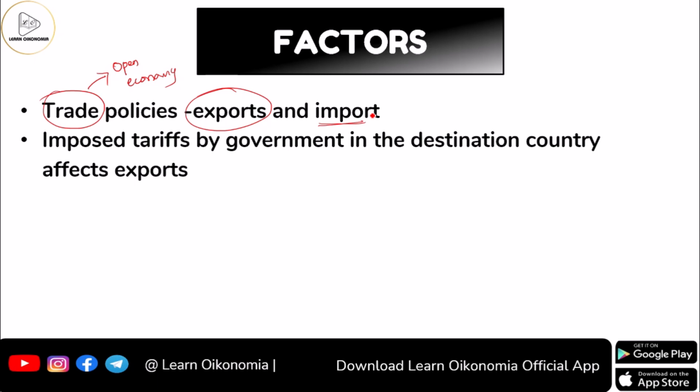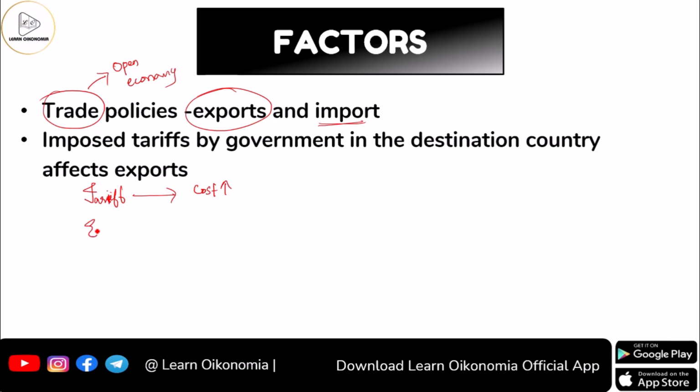Now what would happen if there is something called a tariff? A tariff will definitely increase the cost here. And how can this happen? What will happen if a tariff is imposed by the government in the destination country?